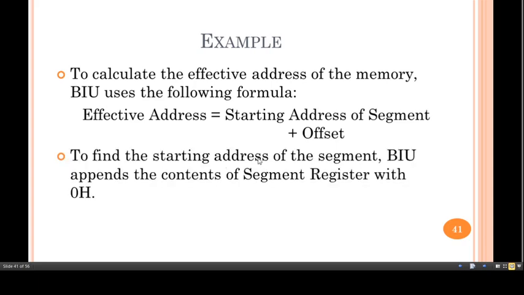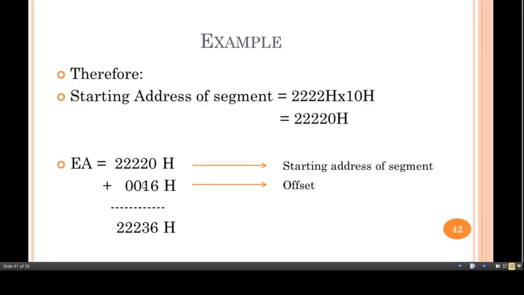To find the starting address of the segment, the BIU appends the contents of the segment register with 0H. In the previous slide we have seen how the starting address of a segment is calculated. When the 0 is appended at the LSB of the segment register, we get the starting address of that segment, and then the offset is added to that starting address, so we get the effective address. Therefore, here is the calculation.